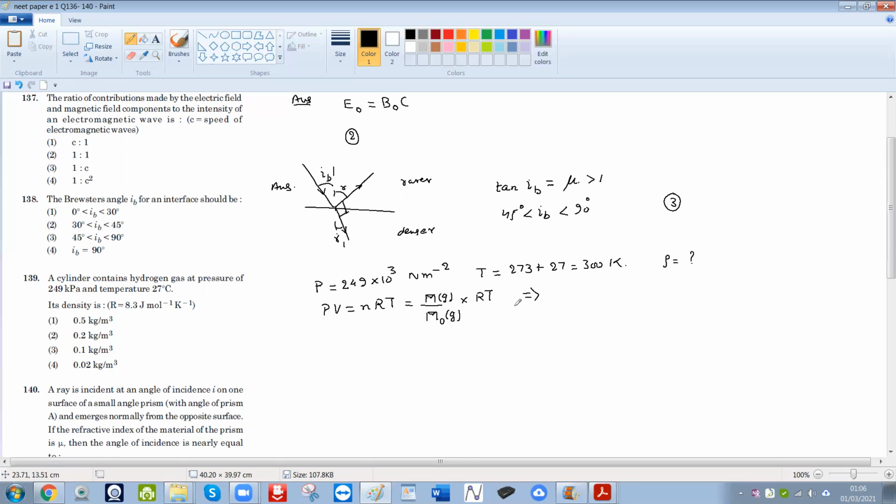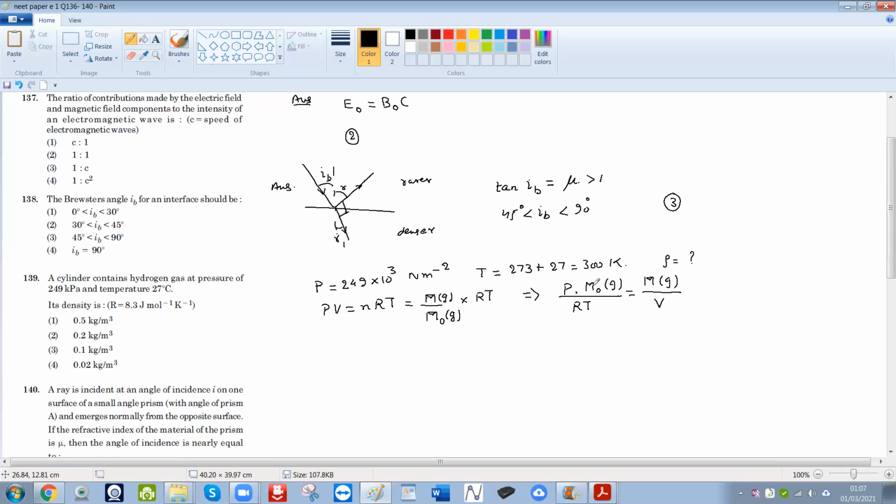So rearranging this relationship, we can say pressure into molecular mass in grams divided by RT should be equal to mass of the gas in grams divided by volume of the gas. Now, if I want to find out density in kg per meter cube, which are the given options, then I will need to convert both these masses into kilograms.